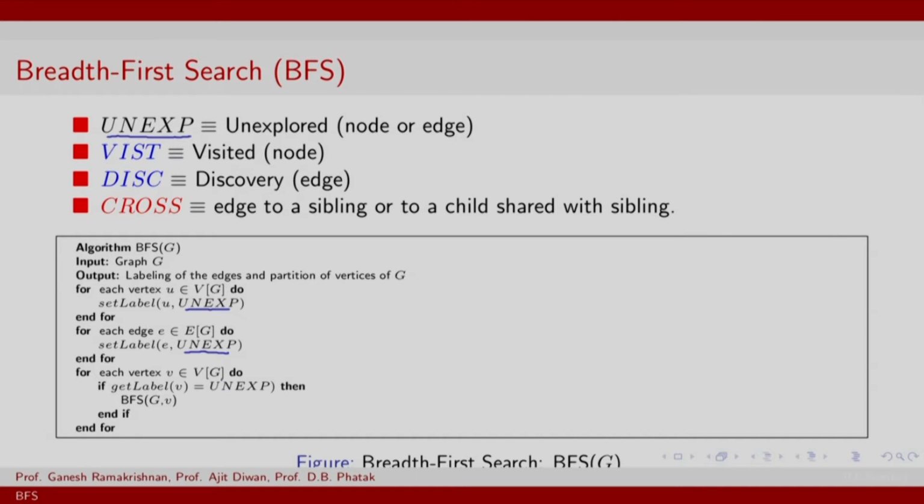And then you start with an unexplored vertex, do a breadth first search, and having completed breadth first search go back to a next vertex that is yet unexplored. Now the call to BFS on vertex V might itself end up marking many nodes and edges in G as explored.